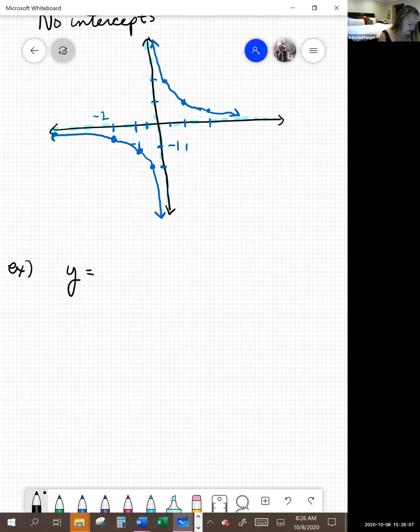So what if we had y is equal to 2 minus 1 over x plus 1?